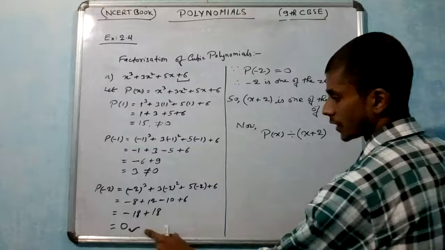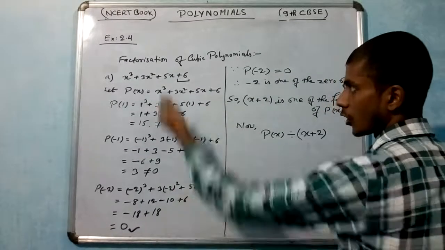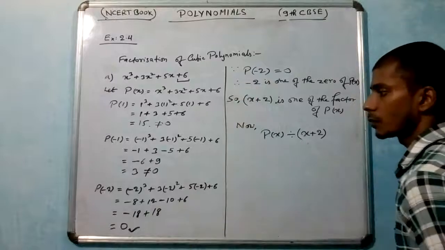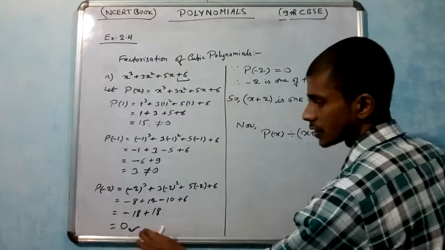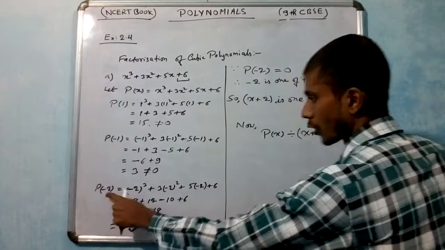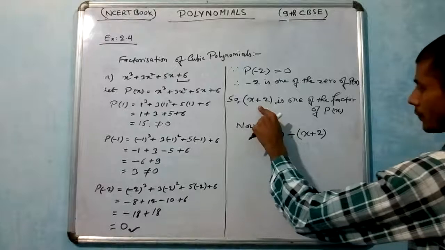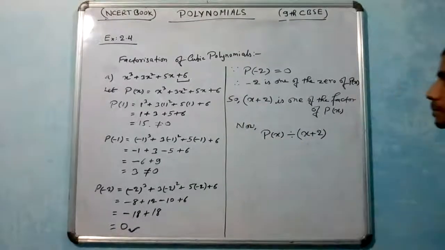These are the remainders only. In this case we found remainder 0. This is the application of the remainder theorem only. That's why minus 2 is called one of the zeros. And from that zero we got one of the factors. And now that factor is dividing the p(x).